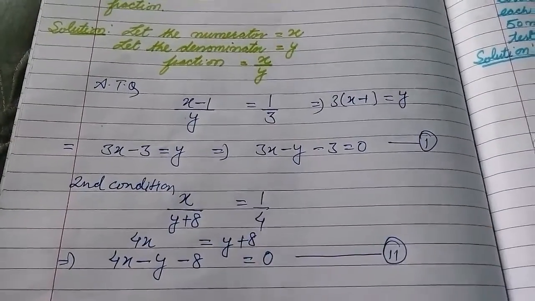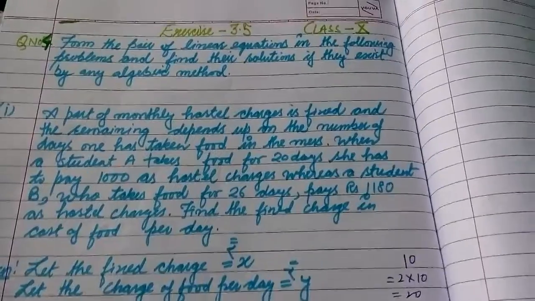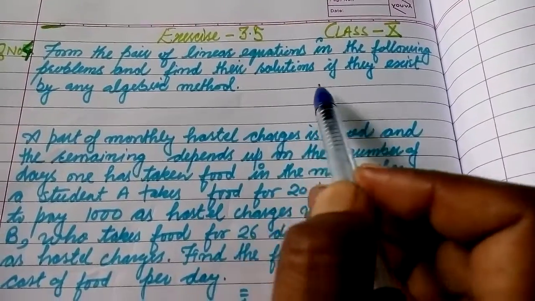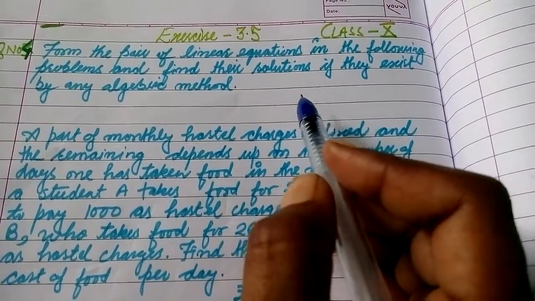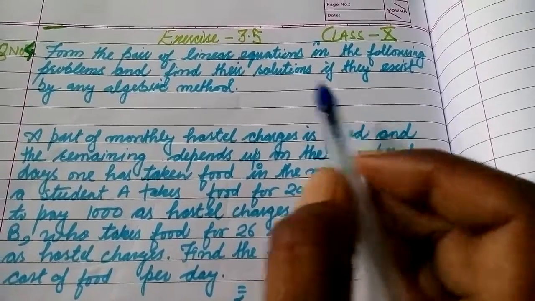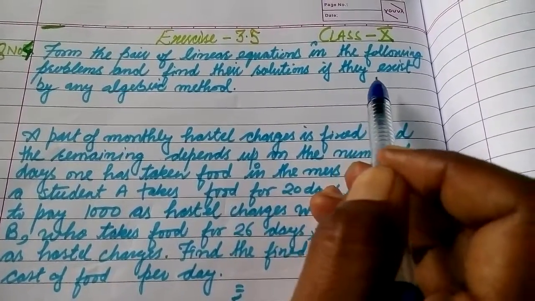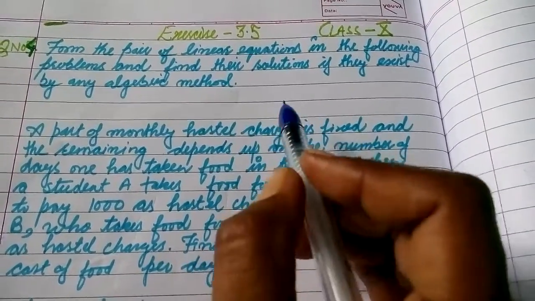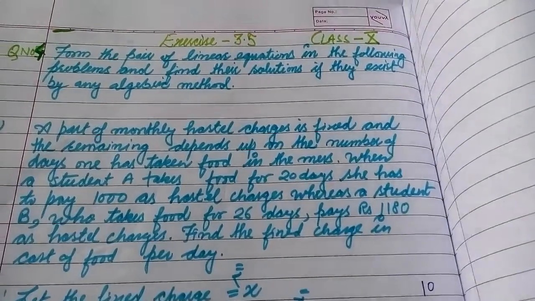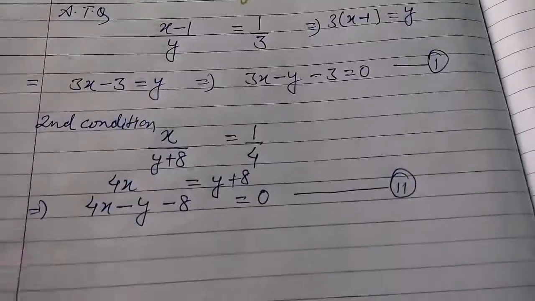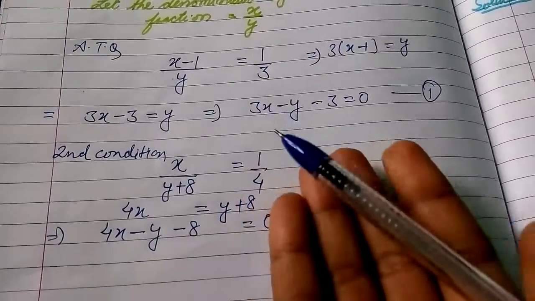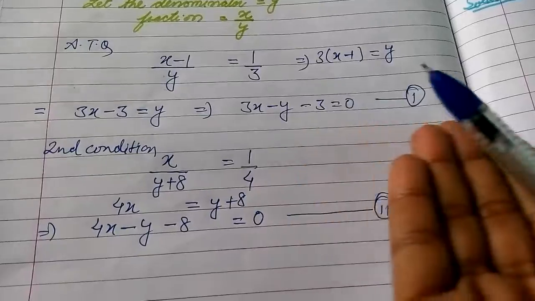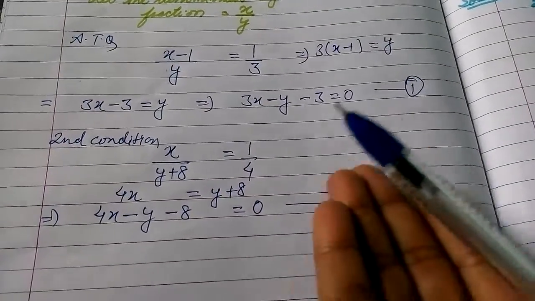Once more I am saying, don't bother that this exercise is related to the cross multiplication method, so you have to apply the cross multiplication method. It is not necessary, because they have said that you can solve these problems by any algebraic method. So I am finding that the elimination method is more simple compared to any other method, so I am taking this method here.